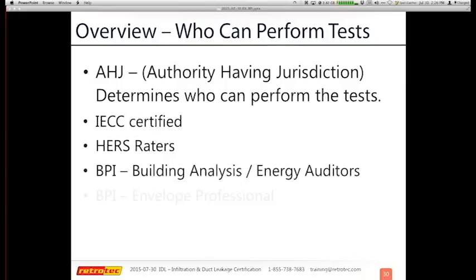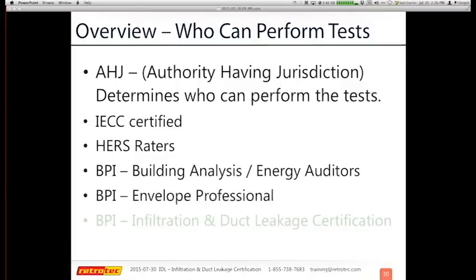A lot of times, actually, it is one of the things that is listed as you could be IECC certified. So that means you actually pass the residential IECC and we're certified to do inspections, thus allow you to do this type of testing. A lot of places actually listed that you could be a HERS rater or BPI analyst or energy auditor or envelope professional. Those are actually in a lot of adoptions that are out there.